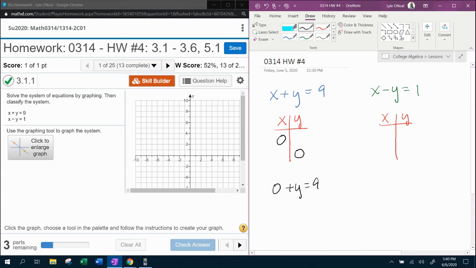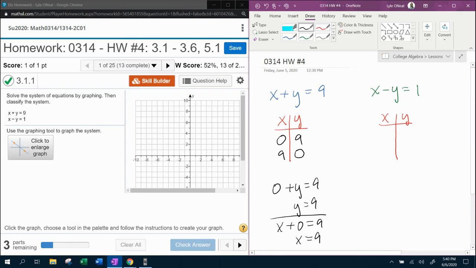Of course, 0 plus y is just y, and we can see that y will be 9. If I let y be 0, then x plus 0 equals 9. Of course, x plus 0 is just x, and I can see that x is 9. So there I have the x and the y intercept.